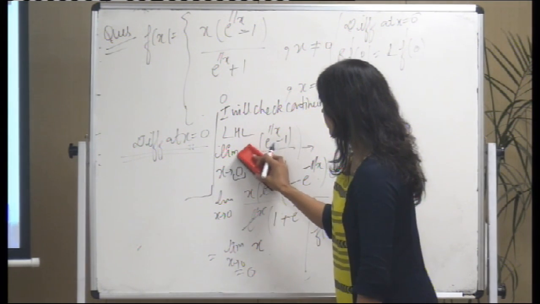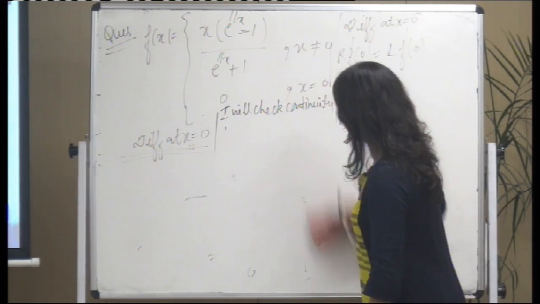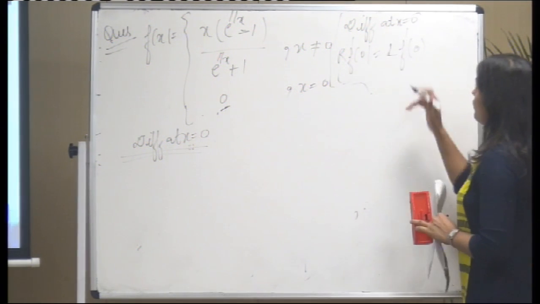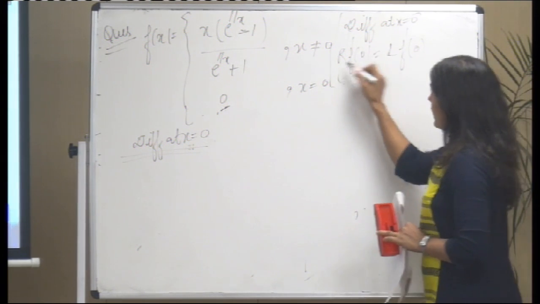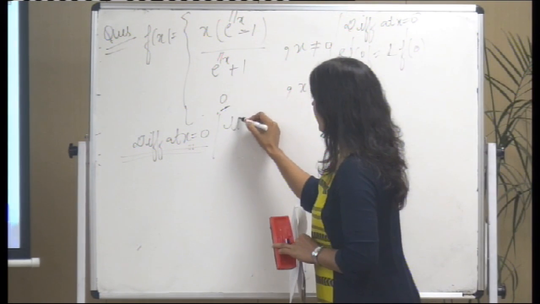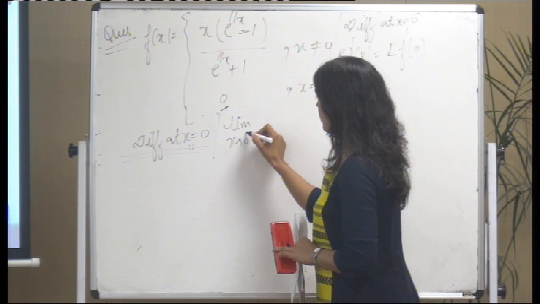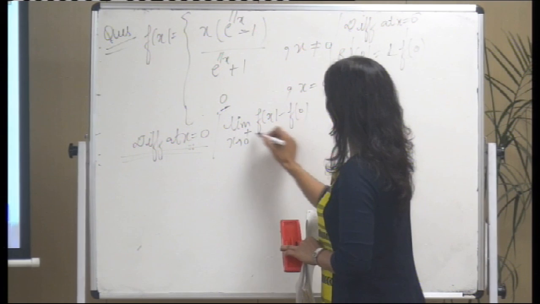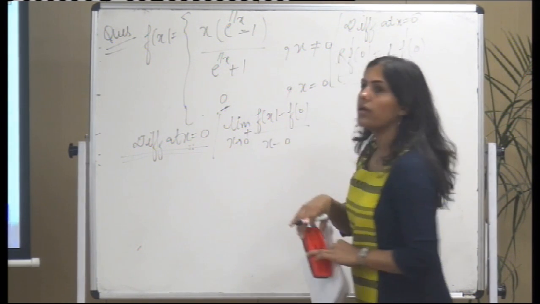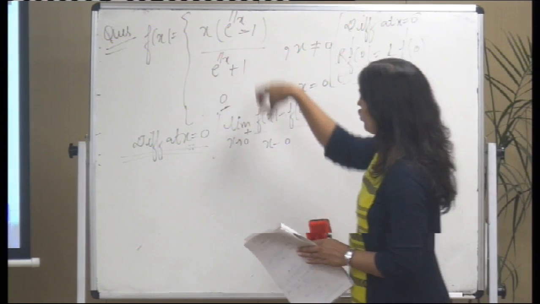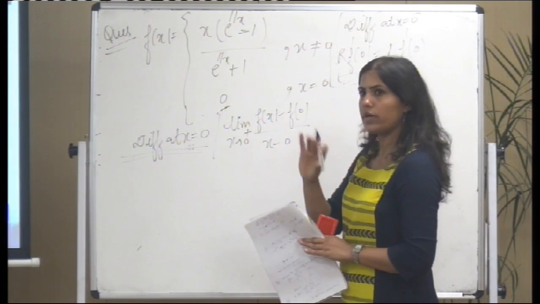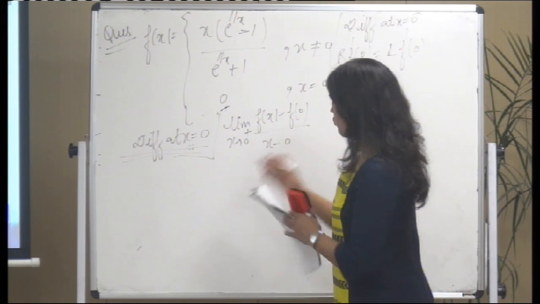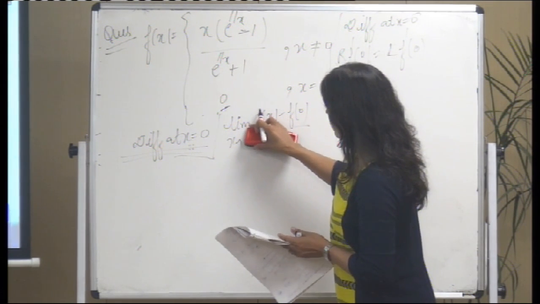So the right derivative will be limit x tending to 0 plus of f(x) minus f(0) upon x minus 0.